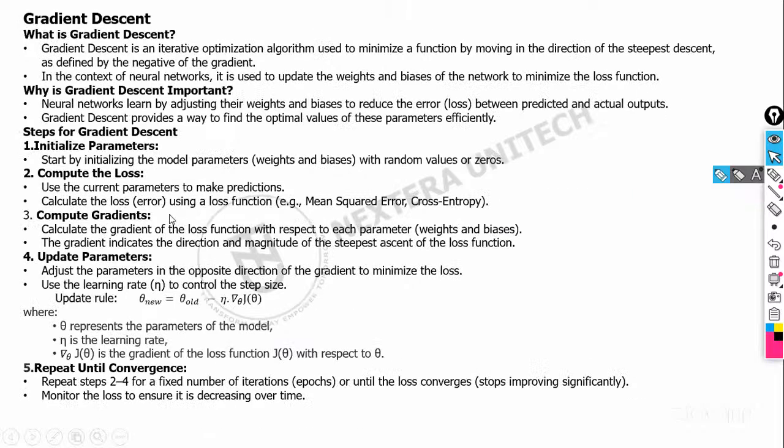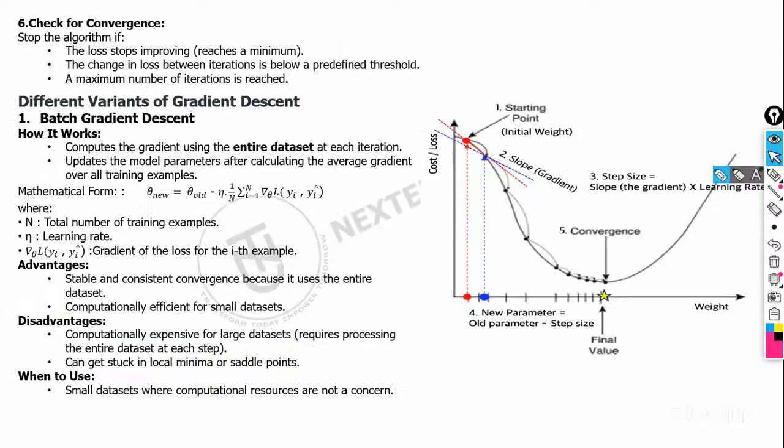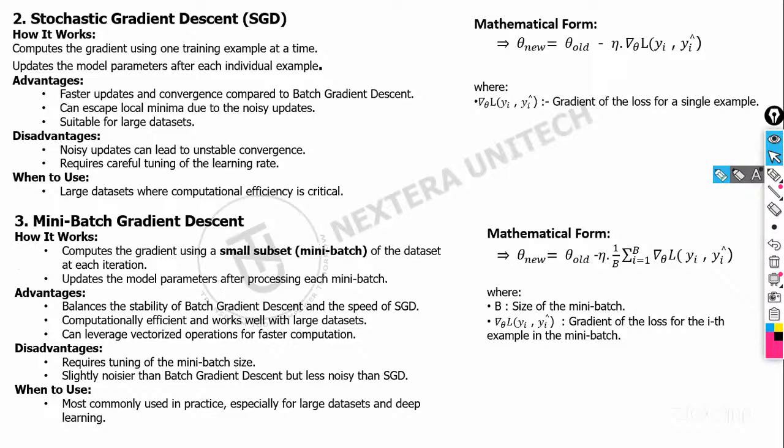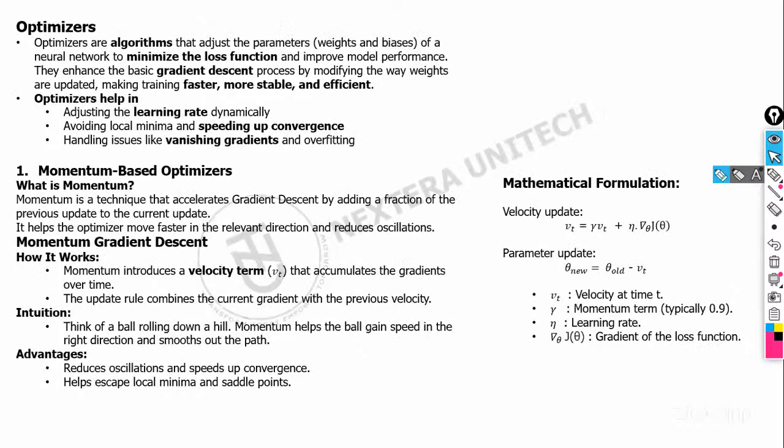Now let us go into the topic of gradient descent. What is gradient descent? And let us also understand what variants we have as part of gradient descent. Gradient descent is an optimizer, friends. Gradient descent is an optimization algorithm which helps us to minimize the loss function. The loss that is calculated at the end of forward propagation should be very small.